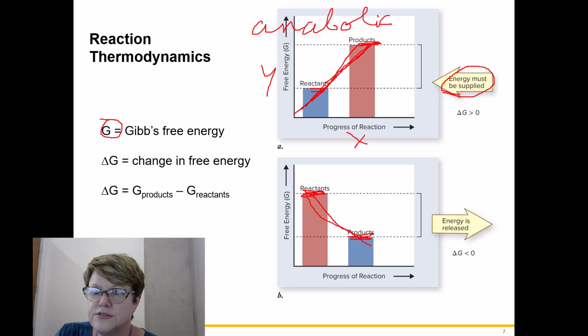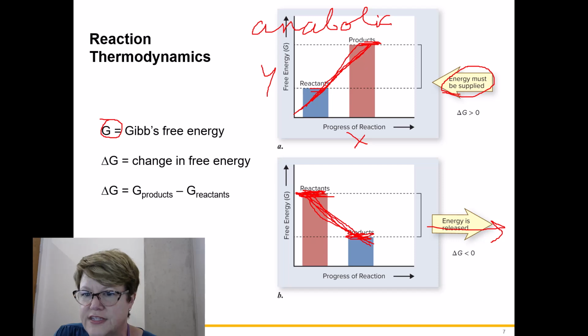On the second option, if you have a different reaction and reactants are being broken down, bonds are being broken, then the energy in the bonds is released out to the universe and the products have less energy than the reactants. So we call this reaction energetically downhill. And so this would be catabolic type reactions.